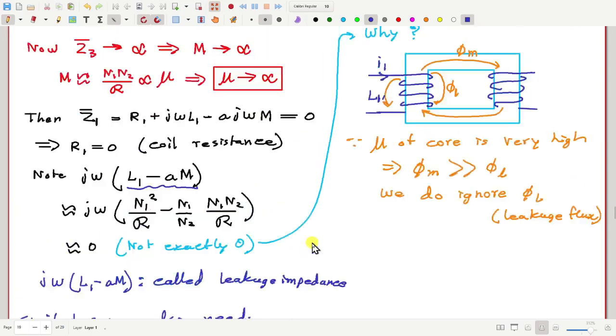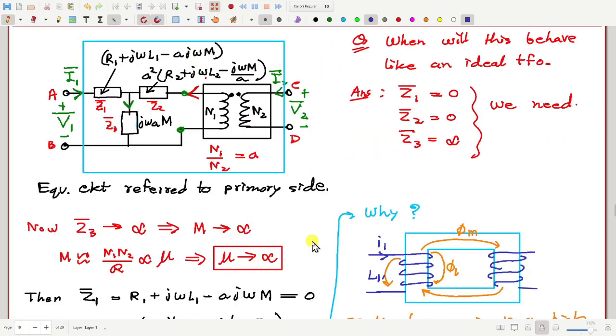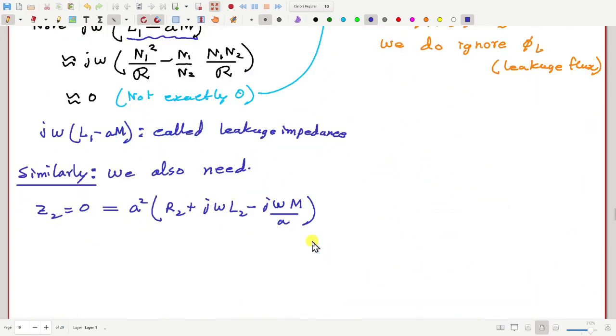Am I correct? Let me check. Yes. Now, for this to happen, what do we need? Once again, we need R2 to be equal to 0. That means the secondary coil should also have negligible resistance, and what else do we need? This L2 should be equal to m by a.